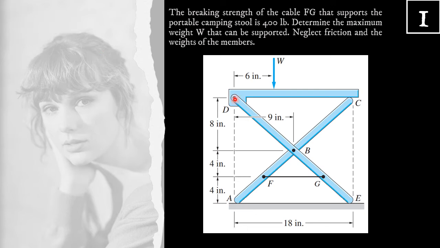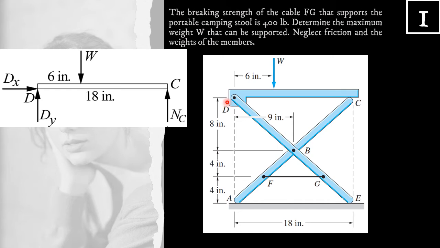We now consider the free body diagram of member DC. The reaction at the pin connection at D has two components, horizontal component DX and vertical component DY. The directions are assumed.